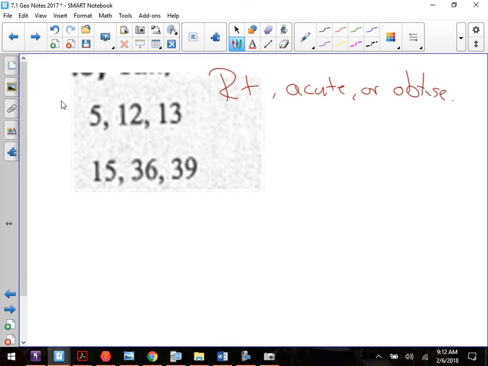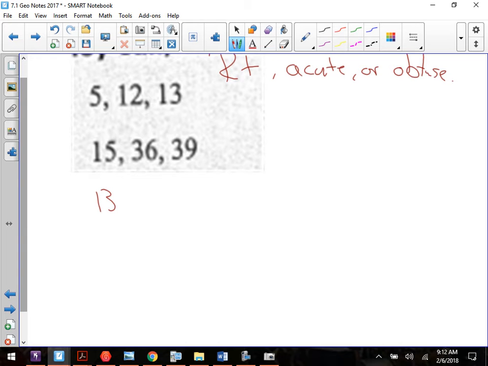So really, all you have to do is determine which of those 3 side lengths is the longest, 5, 12, or 13. So you're checking: is 13 squared in relationship to 5 squared plus 12 squared? So what kind of triangle is it?